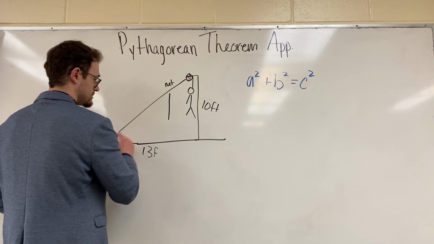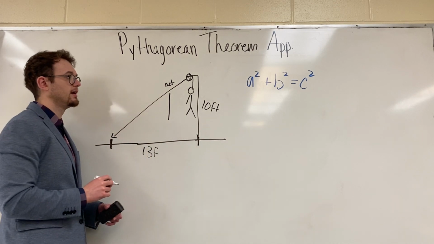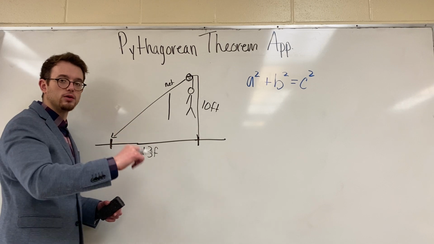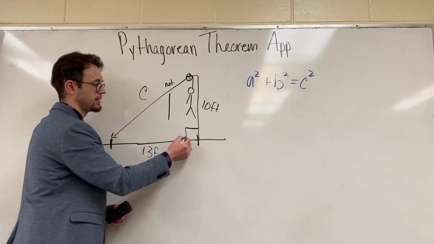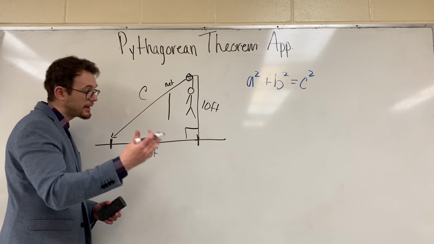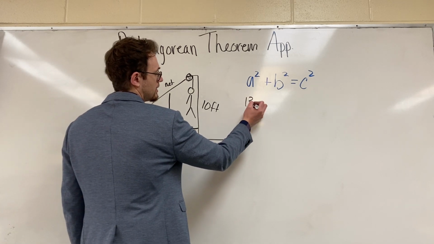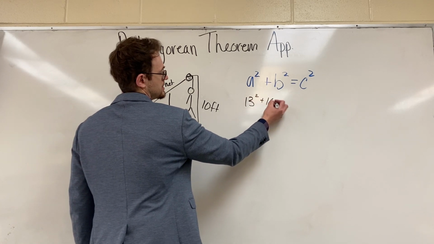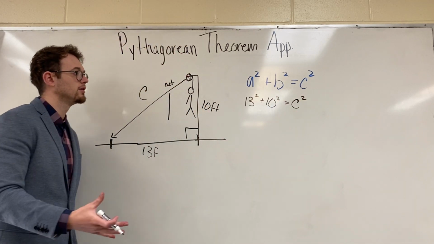So this distance to this distance, 13 feet away from them. How far was the ball spiked? C. So you come in here, you put a little right angle to make it a right triangle, and you're gonna have 13 squared plus 10 squared equals C squared. And you go through and you solve it.